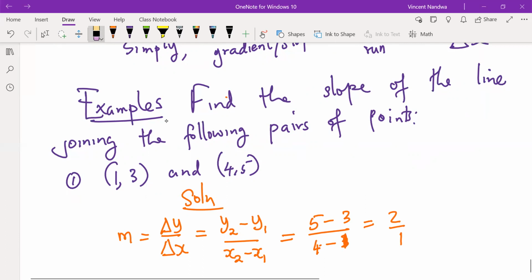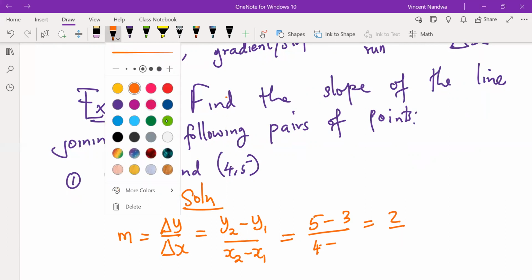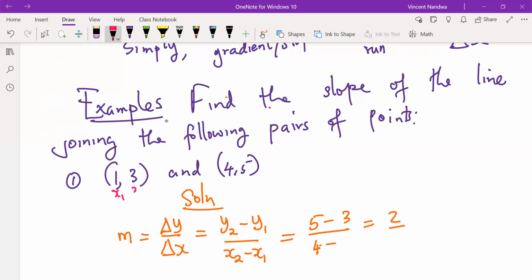So you see, it's always good to label so that you don't get confused. So this is x1, y1, x2, y2. This will give us 2 over 3.